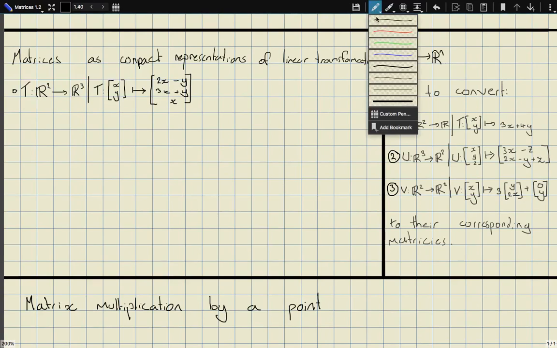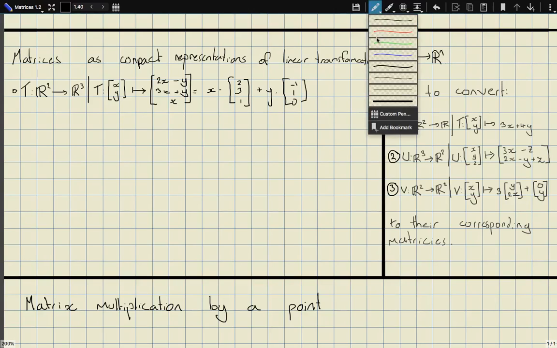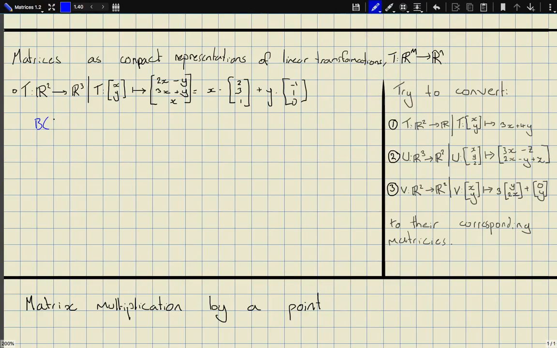Now we can see that this here is equal to x times (2, 3, 1) plus y times (-1, 1, 0). And so just as we showed before, the basis of T is equal to the list (2, 3, 1), (-1, 1, 0). And how we're actually going to define a matrix is, instead of writing this basis as a list to show what this linear transformation does, we're going to say that the matrix of T is going to be equal to 2, 3, 1, -1, 1, 0.